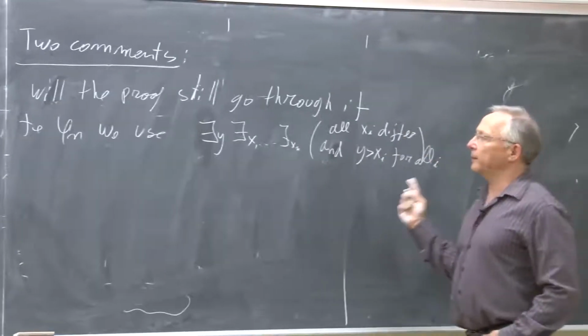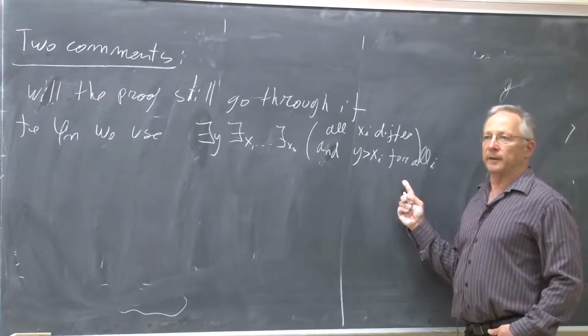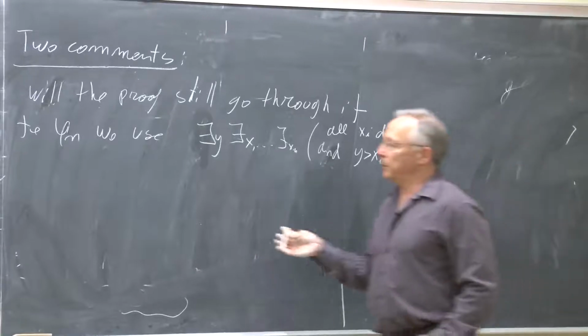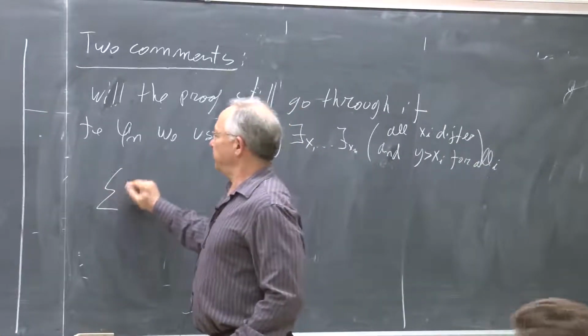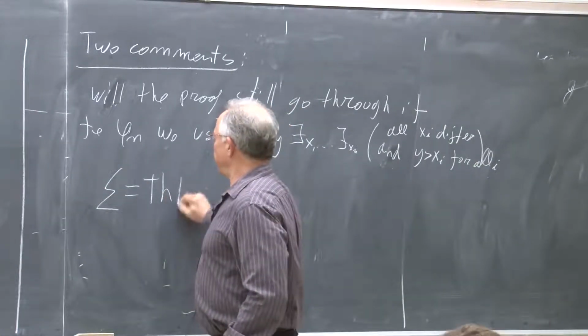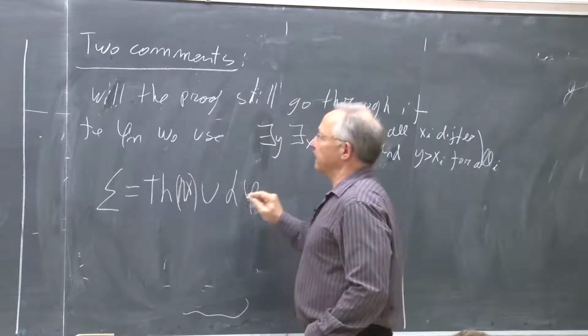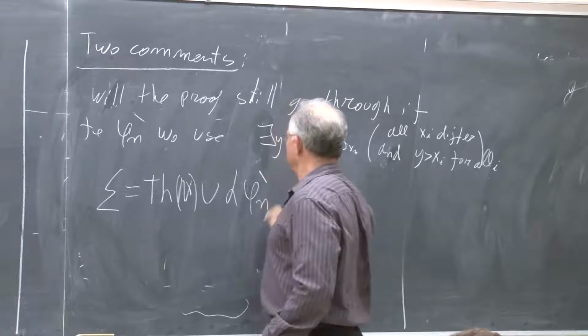So this is almost the phi n that I used, but now I'm not using a new symbol. So now I'm looking at sigma being the theory of n, union all of those new phi n. Let's call them phi prime n.